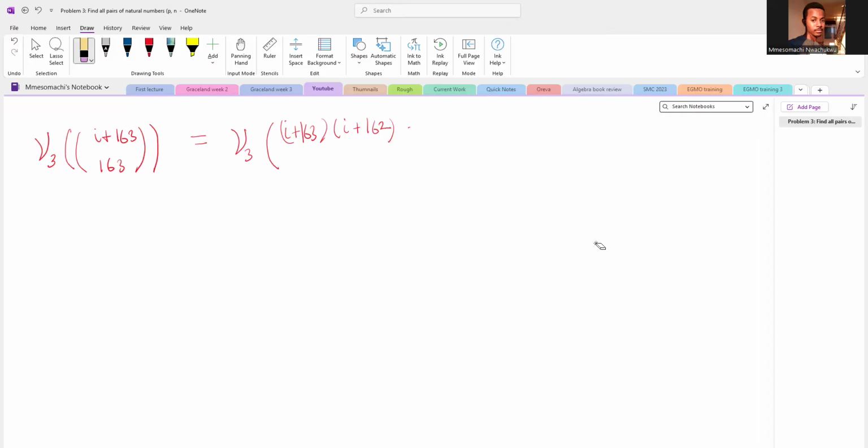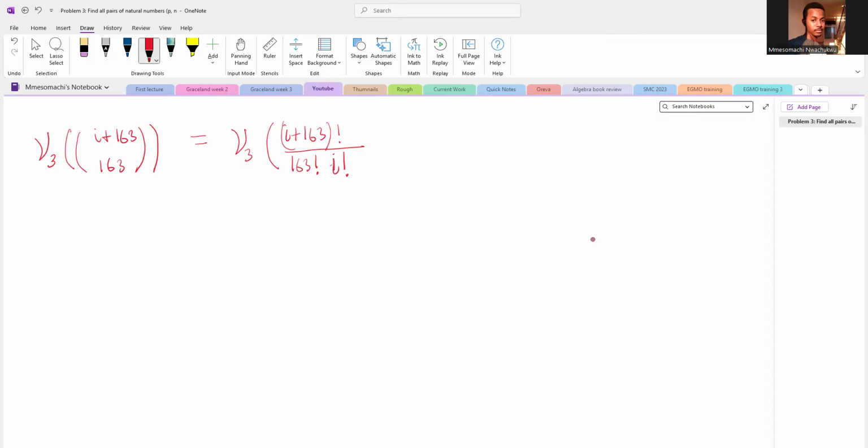Okay, so let's do it this way. This is the same as i plus 163 factorial divided by 163 factorial times i factorial.